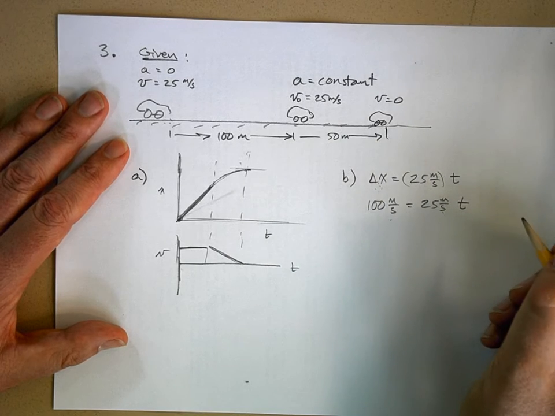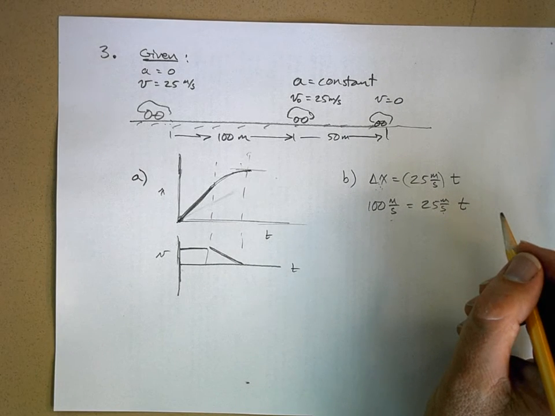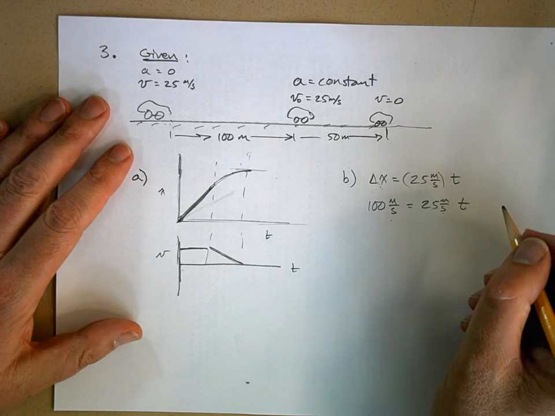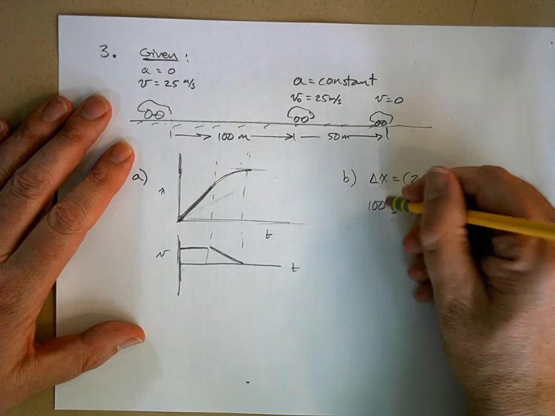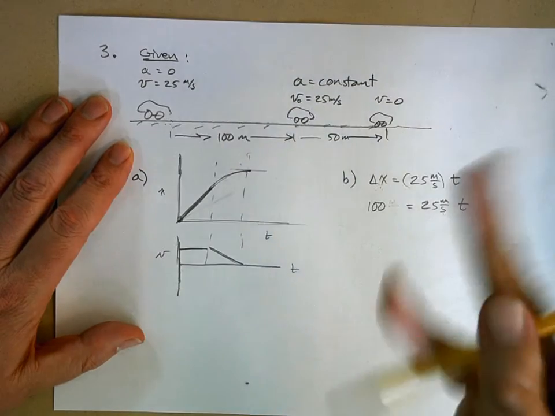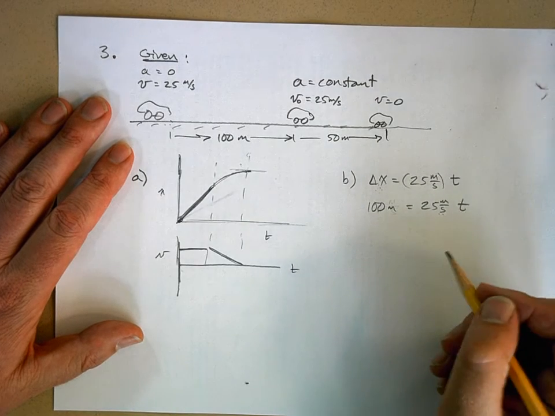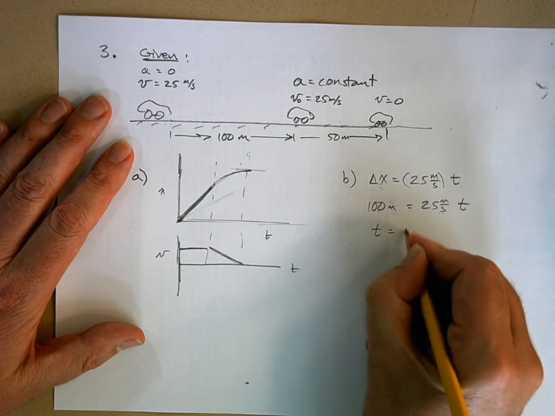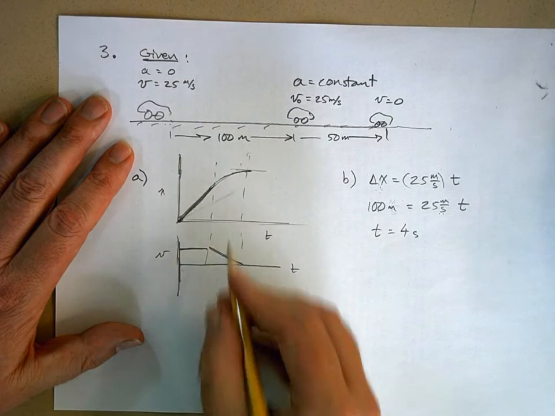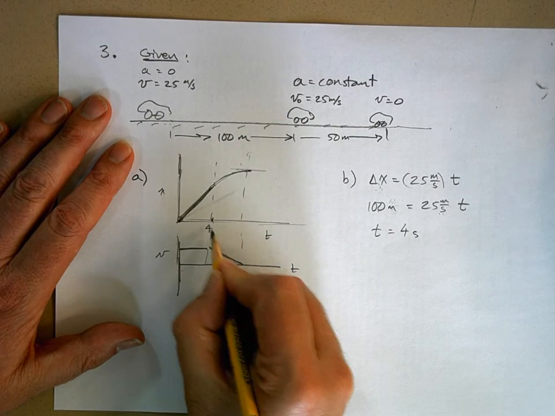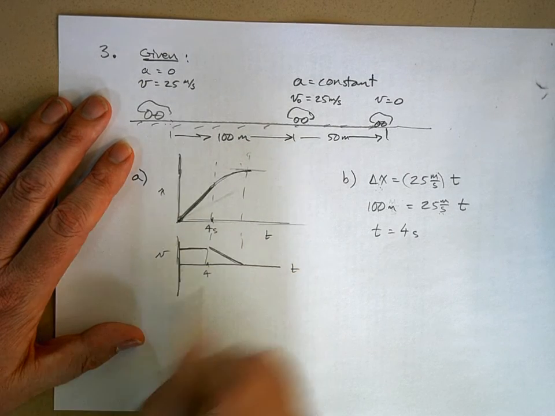Divide both sides by 25. I'm trying to go too fast and I'm making mistakes. So what is 100 divided by 25? 4 seconds. So now I know that this is going to be 4 seconds right here, where this change happens.